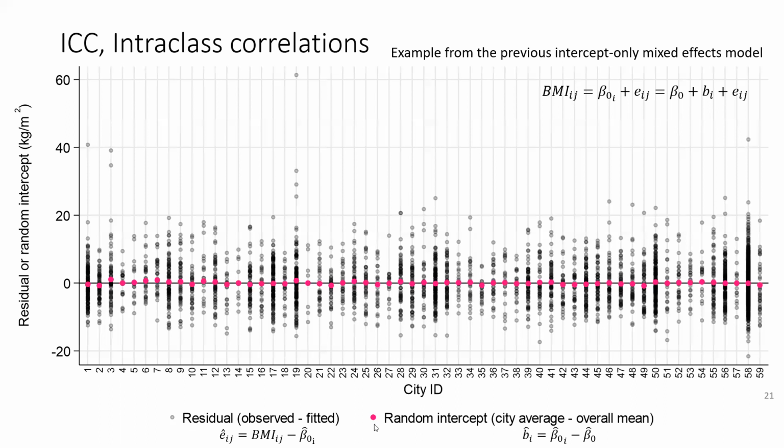And you see the pink dot, which is a random intercept. What is a random intercept? It is the difference between the city specific intercept minus the overall mean.